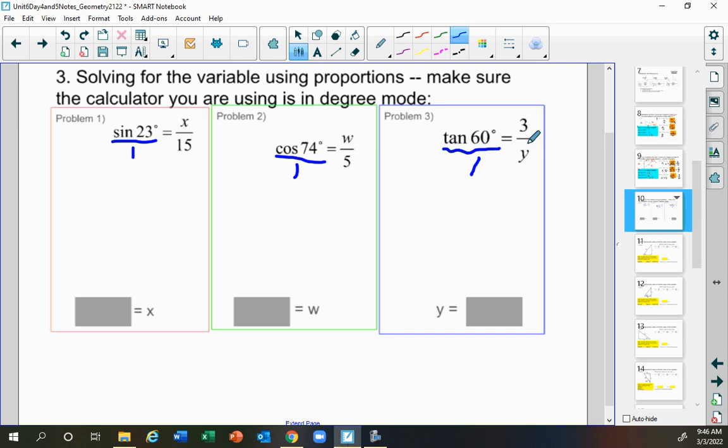Okay, clear everything. Hit the sine button. Type in 23. Close parentheses. Now hit enter. That's the number you were supposed to get. So in the end, the sine of 23 is supposed to be.